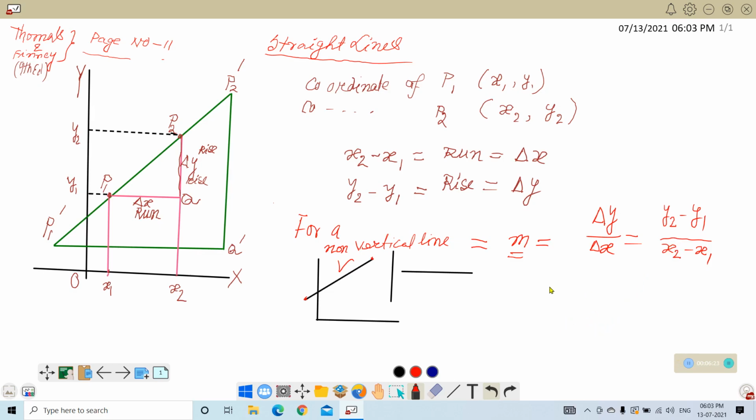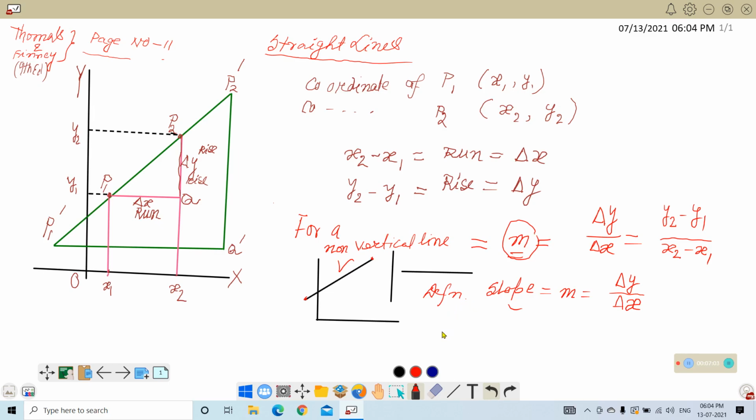By definition, this m is known as slope. Slope is equal to m, which is equal to delta y divided by delta x. So this is all about the slope of a non-vertical line.